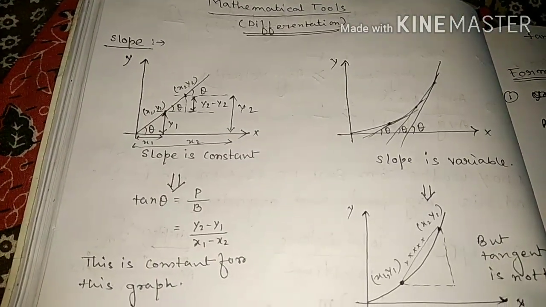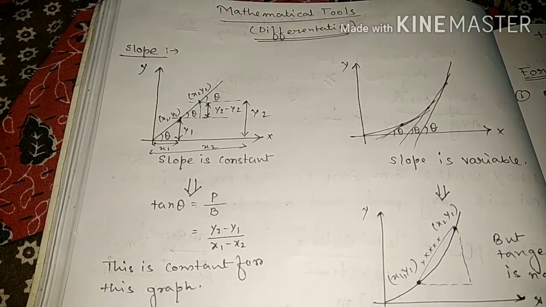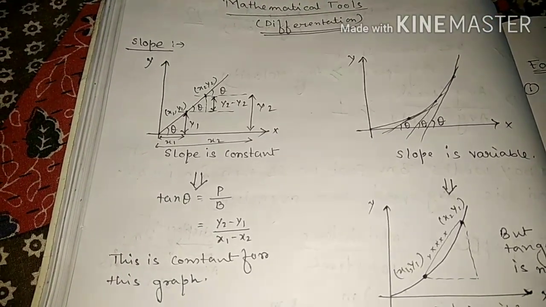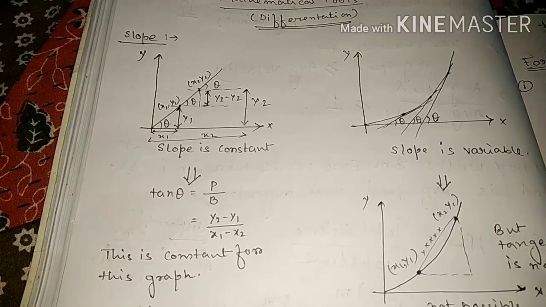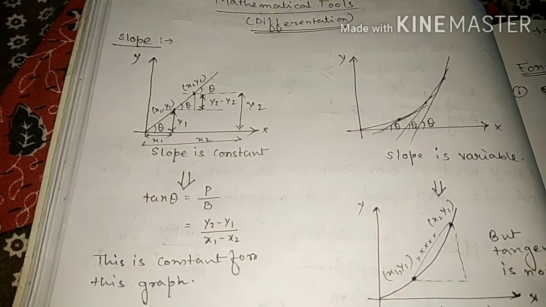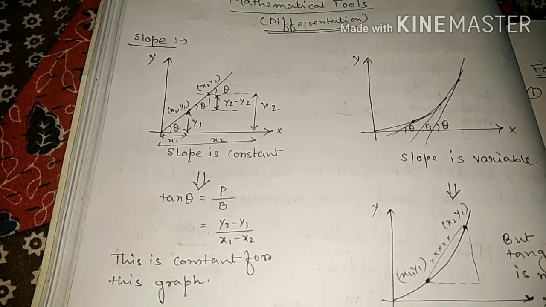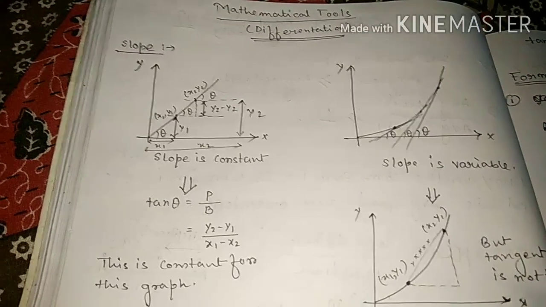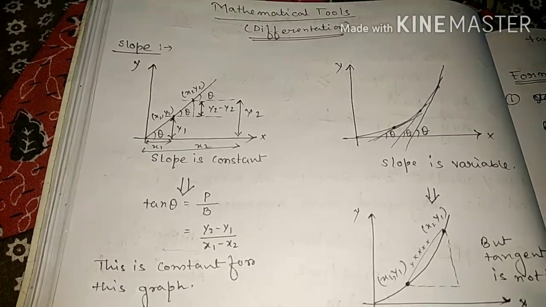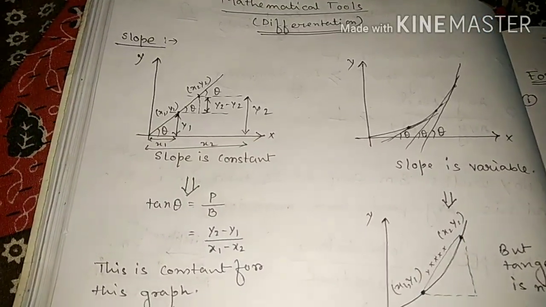Before that concept, because we say that instantaneous means a very small time, that is dt, what is that dt? That is the differentiation, a very small fraction of time. So before we discuss instantaneous velocity and speed, first we have to clear the concept of differentiation, and some formulas will also be there.